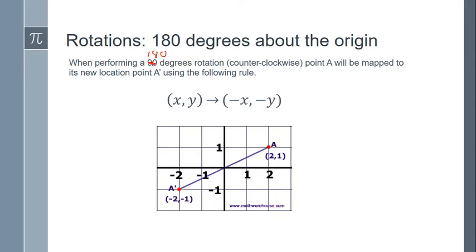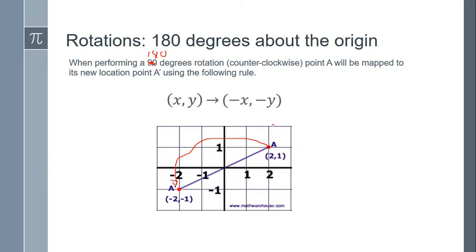Notice how point A, our pre-image, is at the location (2, 1). After we perform a 180-degree rotation, it ends at its new location, (-2, -1). We just changed the signs on the x and y coordinates. This doesn't mean that the x and y are always negative after the rotation.